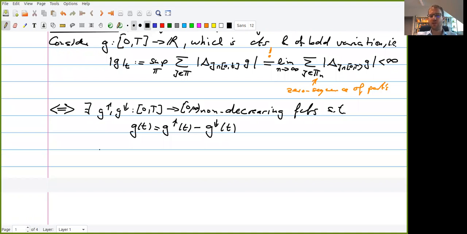Now you have non-decreasing functions, and you know how to associate a measure to them, so there exist measures, let's call them mu g upwards and mu g downwards.